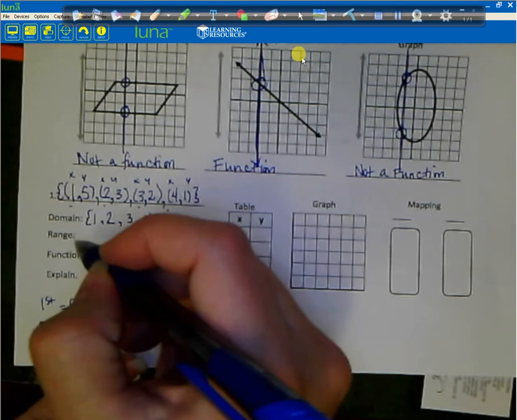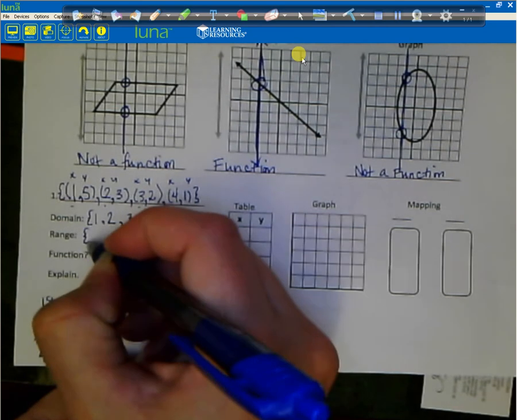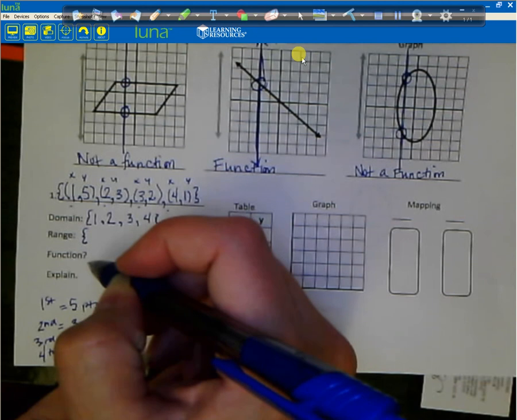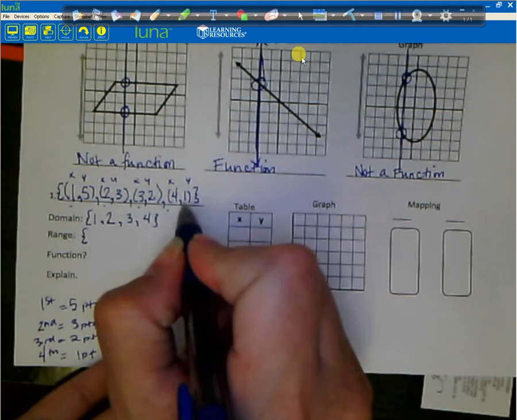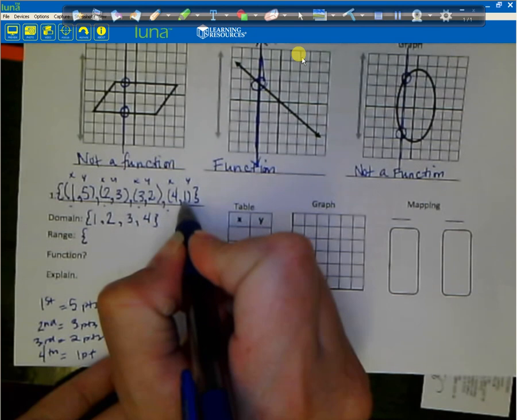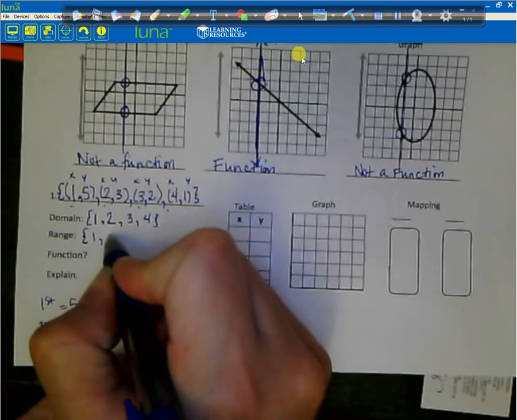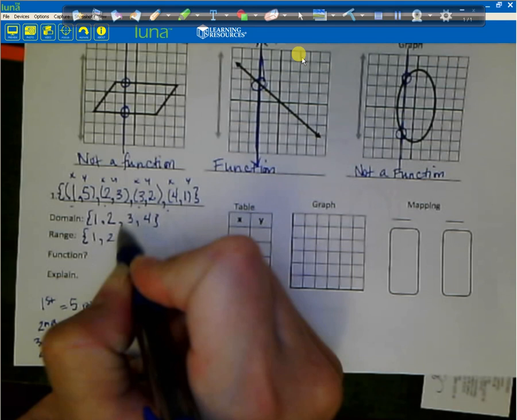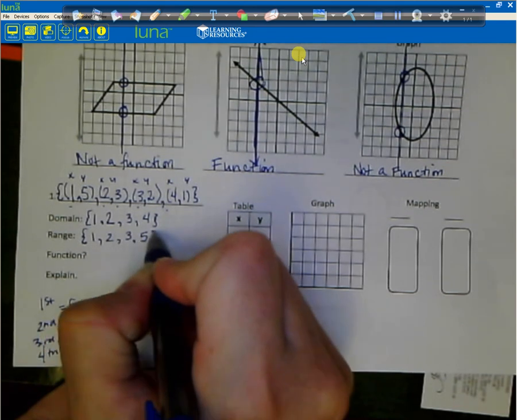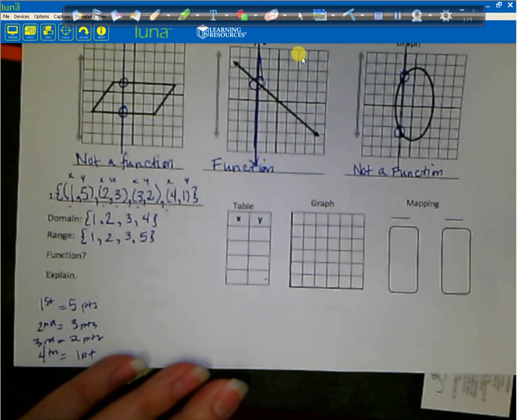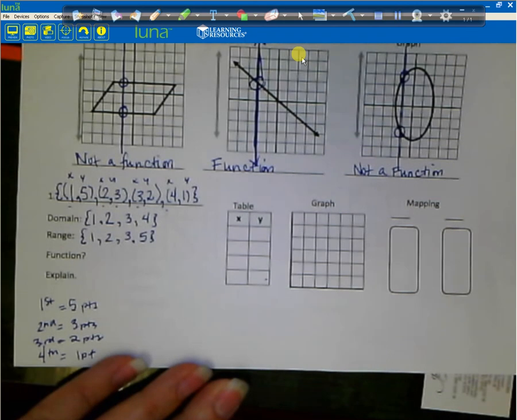My range is going to be my y values from least to greatest. So I'm going to start with the 1, 2, 3, 5. The biggest mistake that's made here is not listing them from least to greatest.